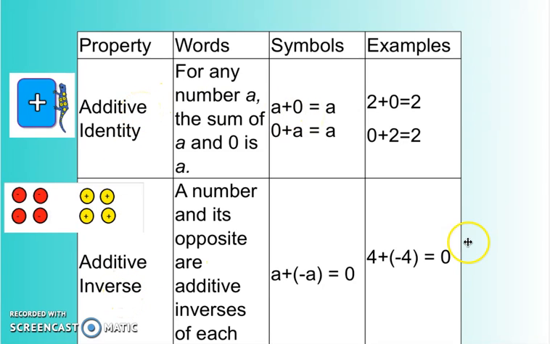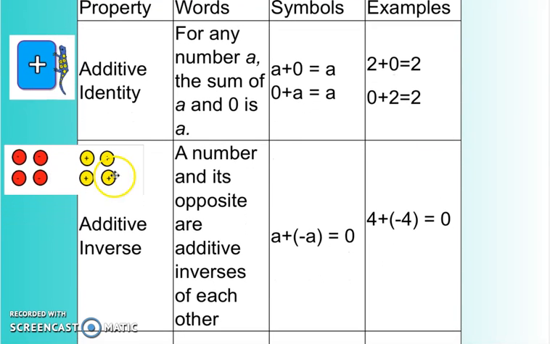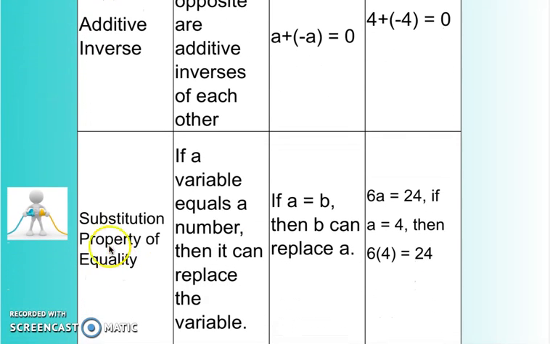The next property is the additive inverse property, which states that if I take any integer and I add it to its opposite, so if I take -4 and I add it to +4, then I will get 0. The substitution property of equality, we've already talked about this property, just states that I can substitute a number in of equal value.